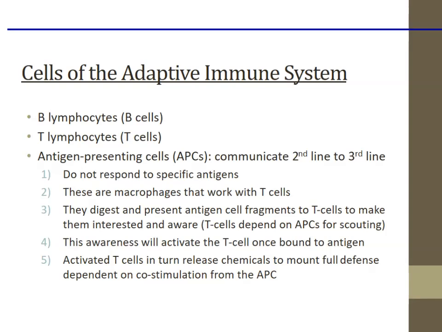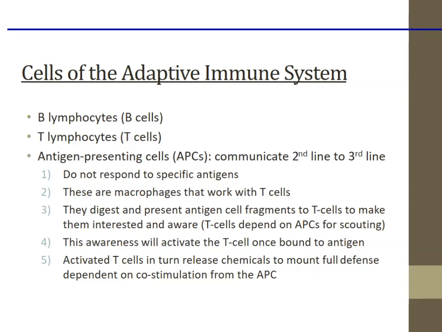And then once they bind, they start releasing all these cool chemicals that will basically turn on immunity in a bigger way. We're going to turn on more B cells to clone once a T helper cell has bound, right? And we're going to proliferate more T cells once something is bound. It's going to turn on chemicals to activate more T cells.